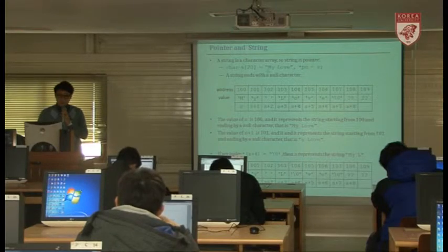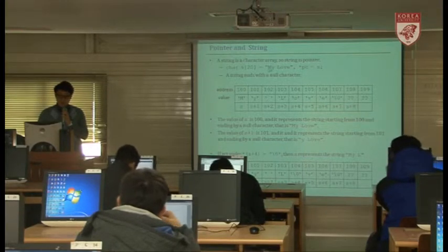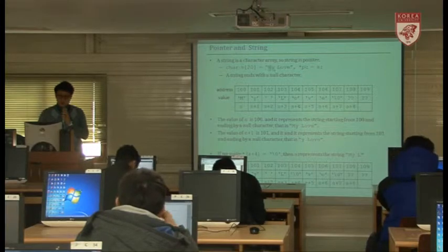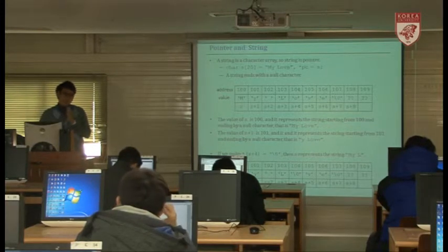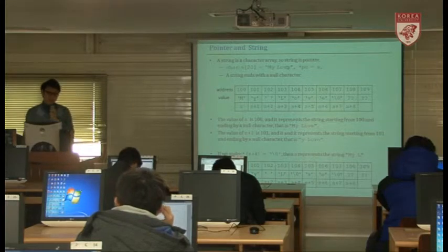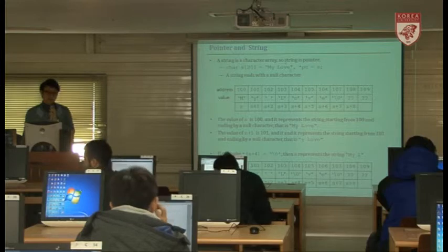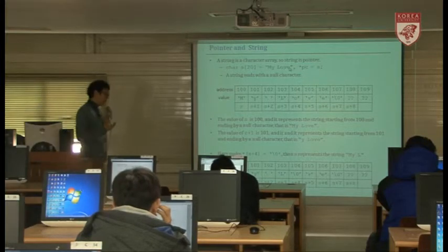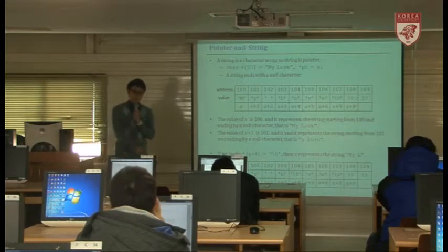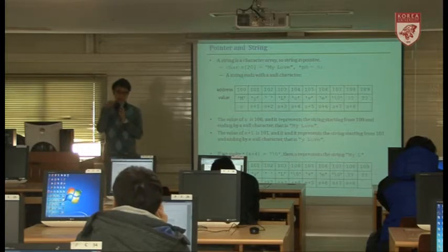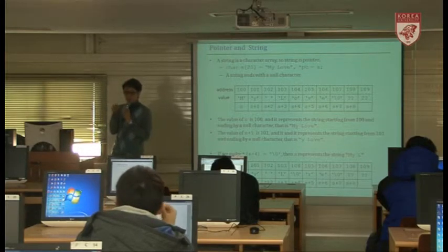So when we say "my love", this "my love" itself has M, Y, space, L, O, V, E: 1, 2, 3, 4, 5, 6, 7. This "my love" itself has 7 characters. So if we store it as a character array, it takes only 7 spaces because it has 7 characters.